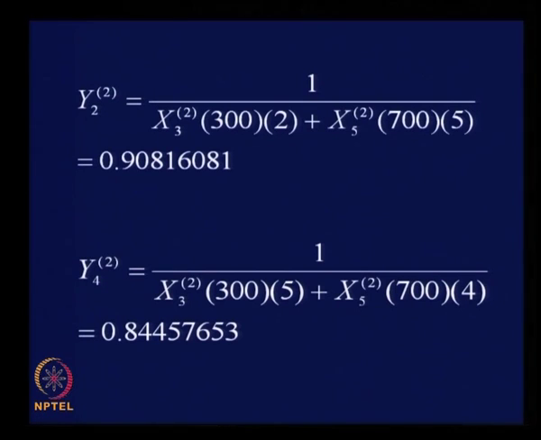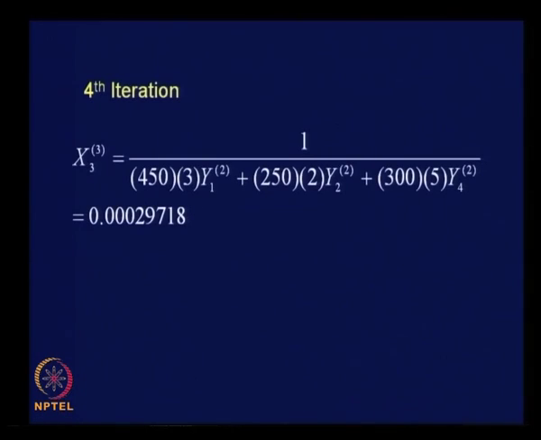clear. And fourth iteration, you may wonder why we are going on doing iterations. This implies that there is no consistent value of xi's and yj's obtained so far.